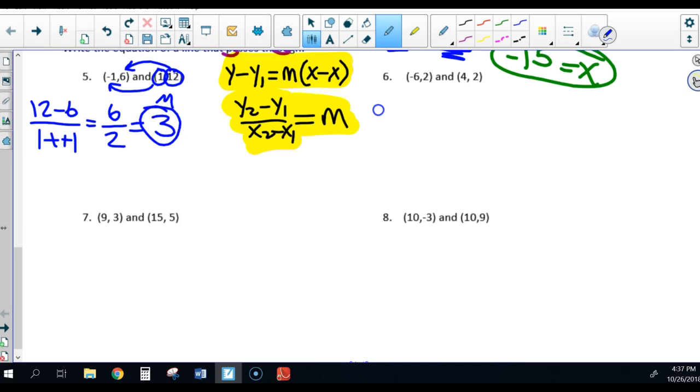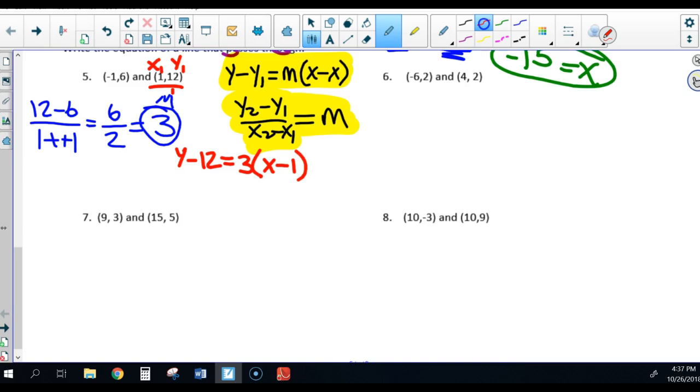Point slope formula is where I go to next. Y minus, now I have to choose one of these points. It doesn't matter which one I choose. That one's all positive, so I think I'm going to go with that. Y minus 12 equals m, which is 3, times x minus 1. Up here the point is x1, y1.